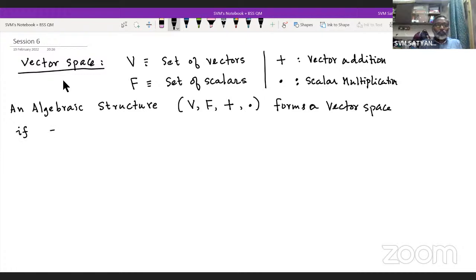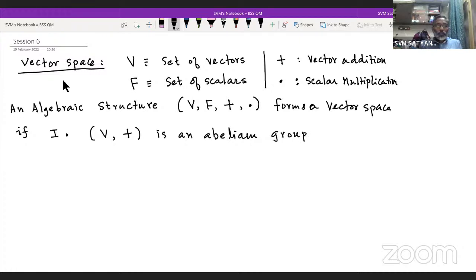I will divide this into two categories. The first category of axioms is that the set of vectors with vector addition, that means the substructure of this, is an abelian group. What do we mean by this?